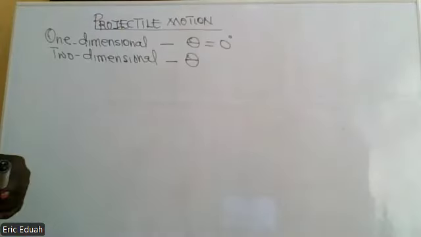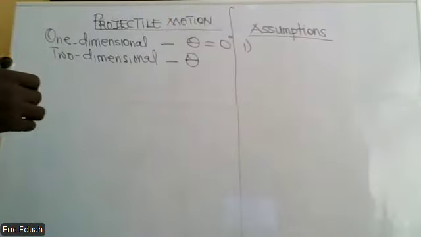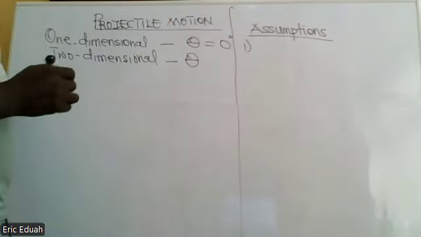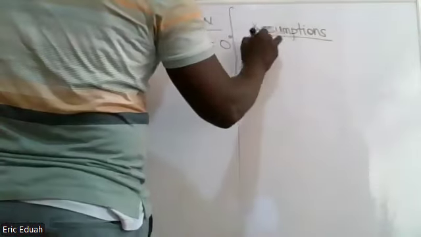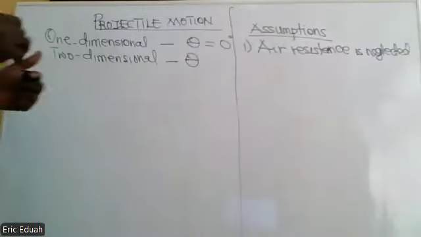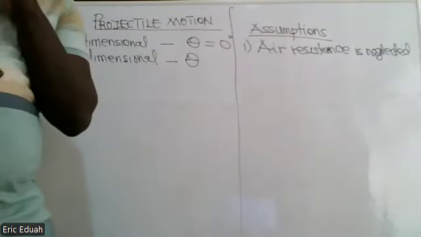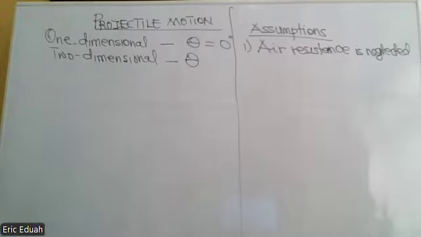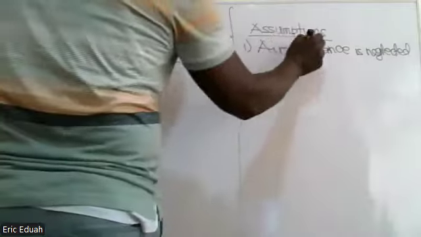The first assumption is that air resistance is neglected. So we can term this as one of the conditions on which projectile motion works. Air resistance must be neglected.